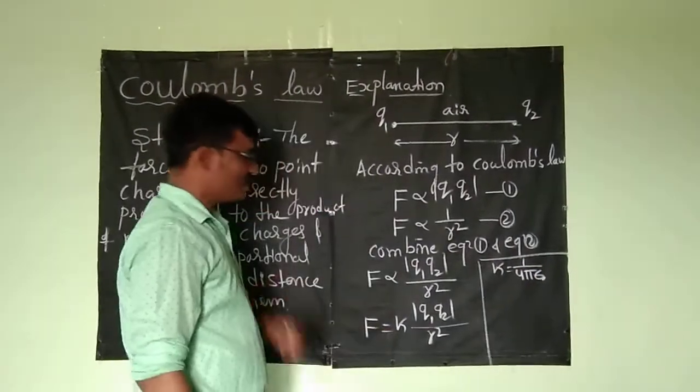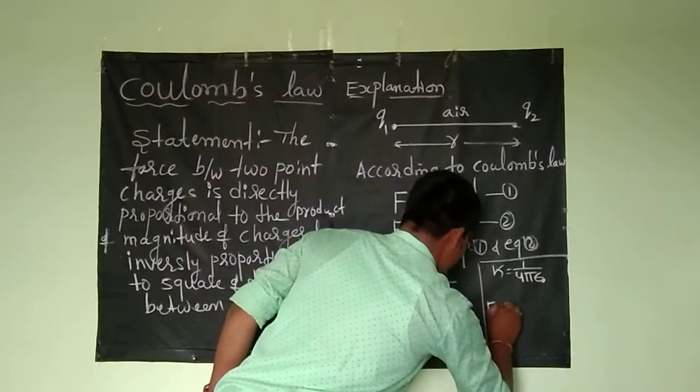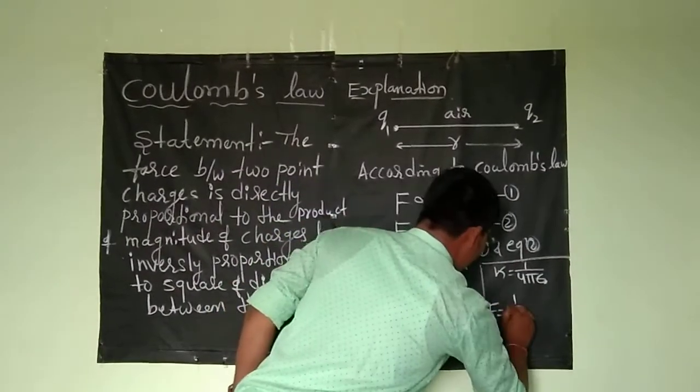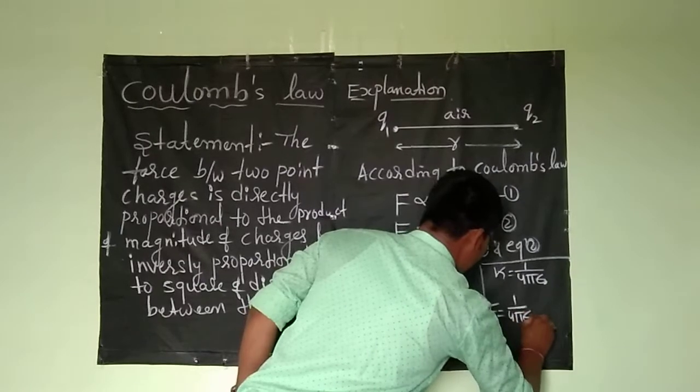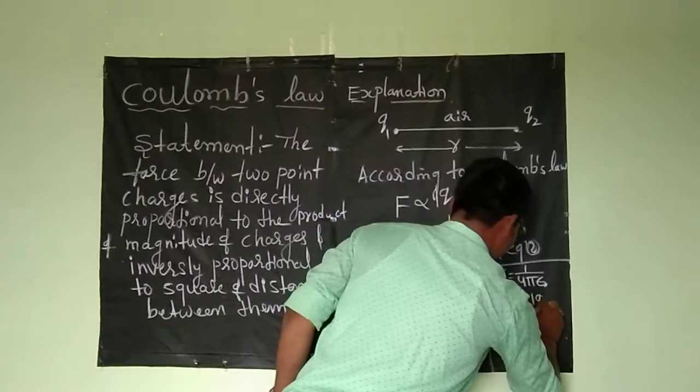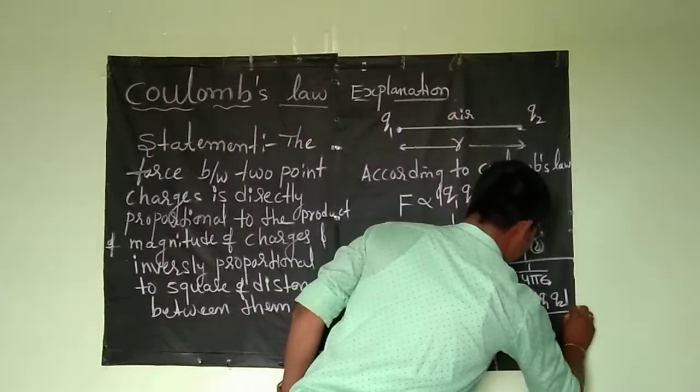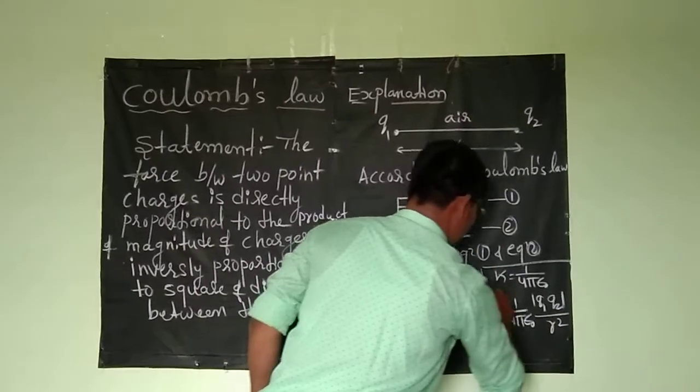Then the equation becomes F is equal to 1 by 4 pi epsilon naught, q1 q2 divided by r square.